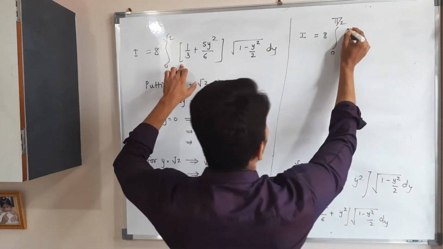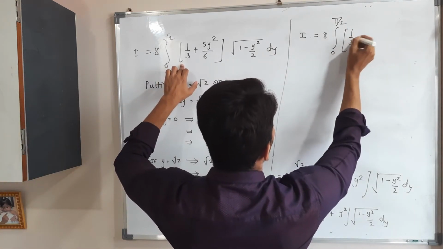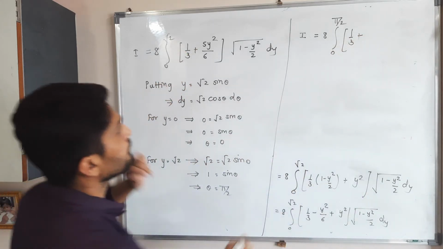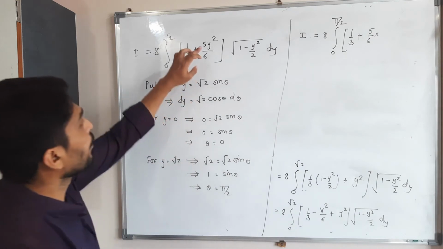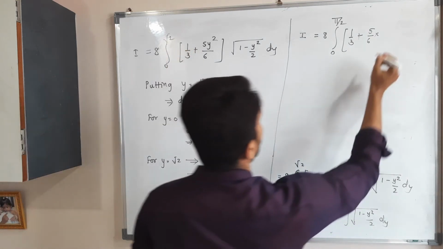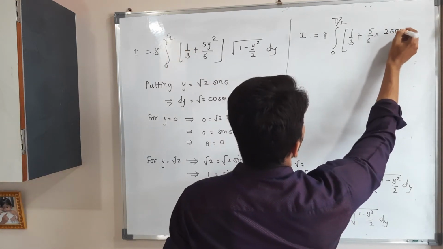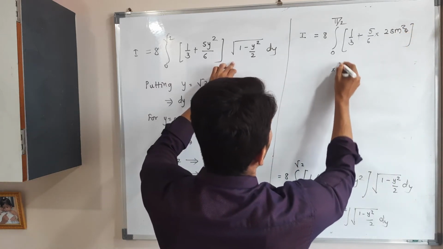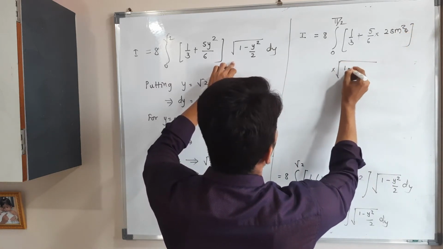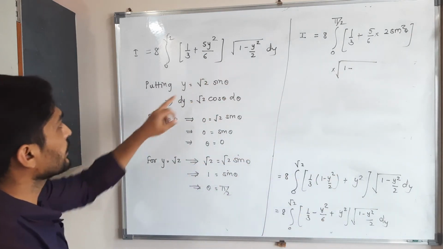So 1 by 3 plus 5 by 6 into y square. What is its square? 2 sine square theta, correct? Into root 1 minus y square. What is its square?